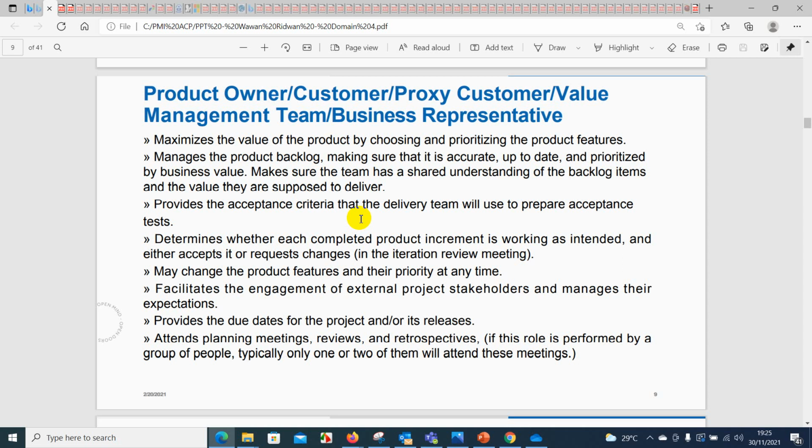Make sure the team has a shared understanding of the backlog items and the value they are supposed to deliver. Provide the acceptance criteria that the delivery team will use to prepare acceptance tests. Okay, terus determines whether its completed product increment is working as intended and either accepts it or requests change in the iteration review meeting.